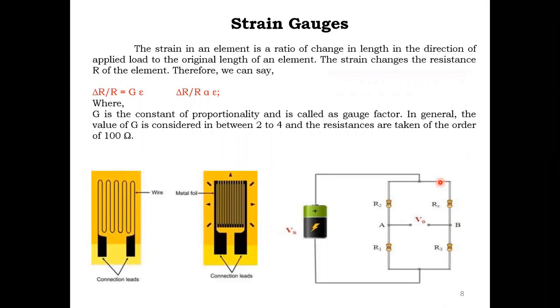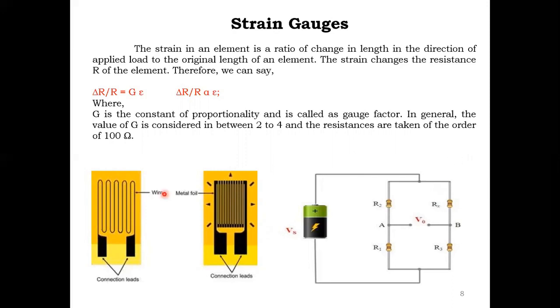Therefore, we can say delta R divided by R is equal to G epsilon, where G is the constant of proportionality called the gauge factor. In general, the value of G is between 2 to 4. The resistance is of the order of 100 ohm. That means the change of resistance in the strain gauge element.